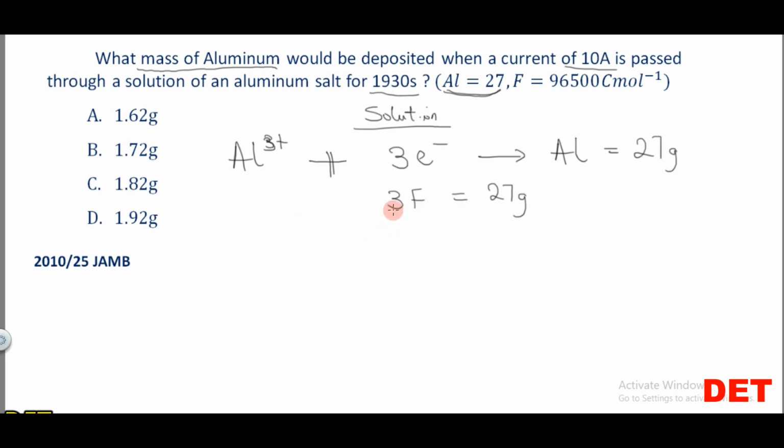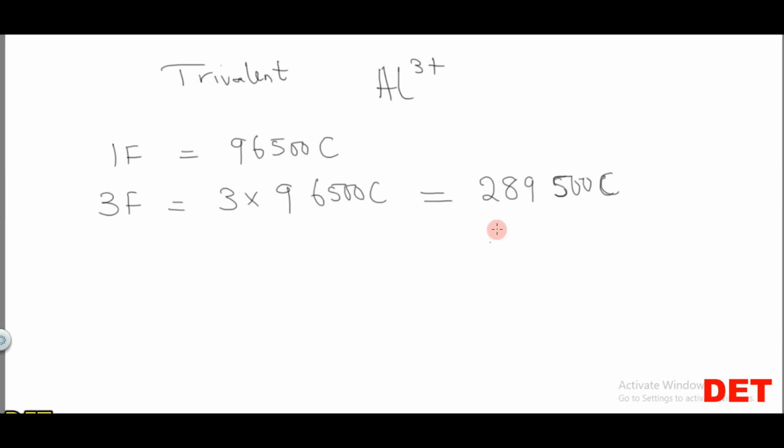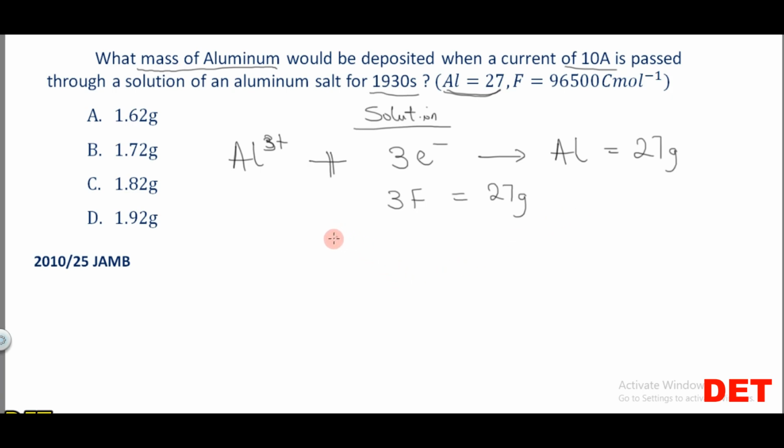So here we have that 3 Faradays of electricity, which is 289,500 coulomb, would give us 27 grams of aluminum.